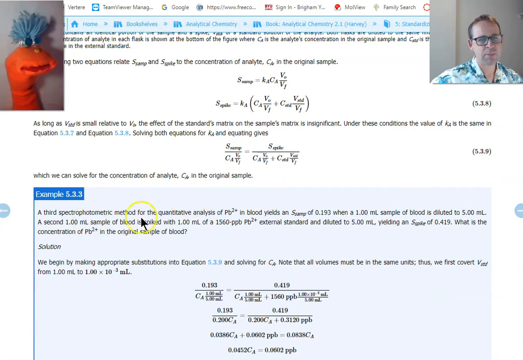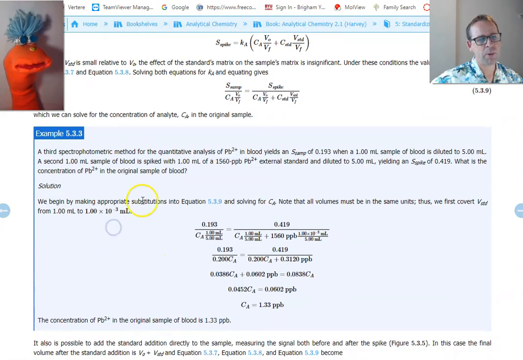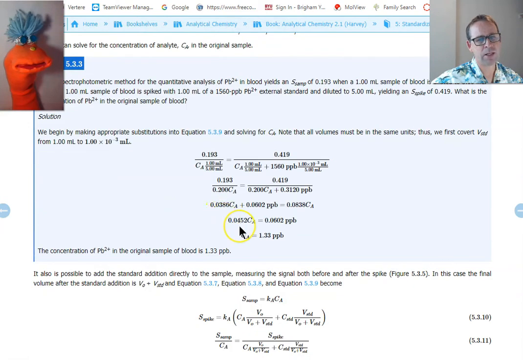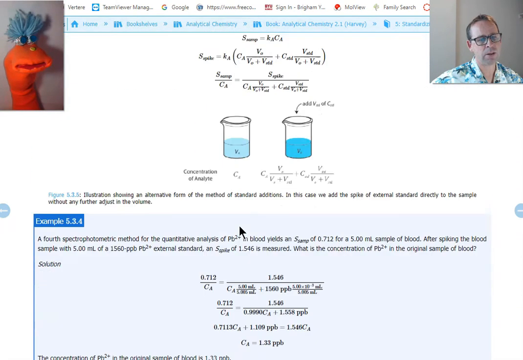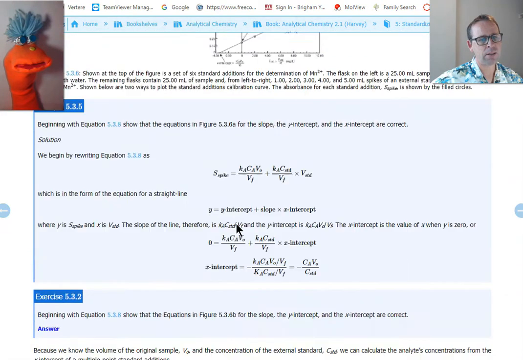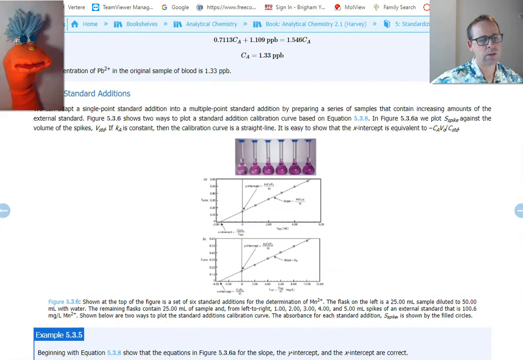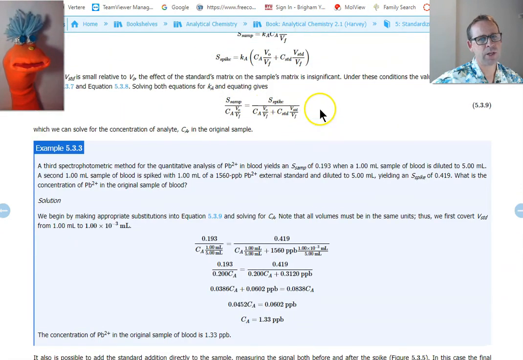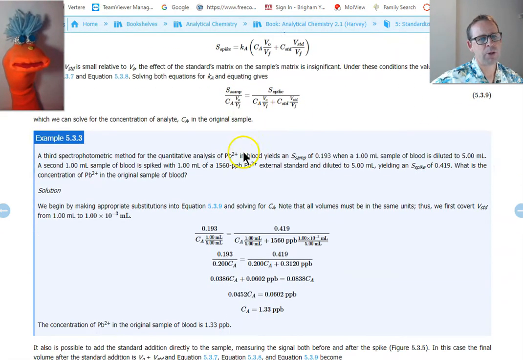So this is the same sample of blood, right? One has our lead from the blood, and one has our lead from the blood plus the lead that we added from an external standard. So we began by looking at these equations, 5.39. Okay, so here's our 5.39 right here, and we're going to put our values into there.